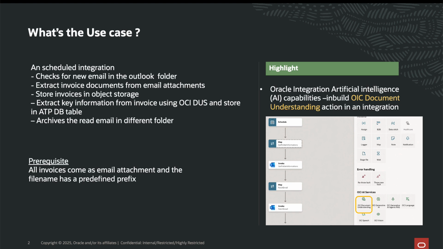And of course, we will be using the invoice option for this solution. And you will see that any standard invoice format can be interpreted by this model. At the end of the video, we will do a testing using a couple of different looking invoices.